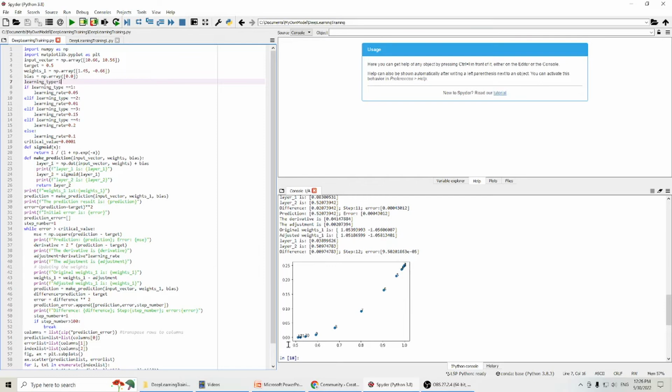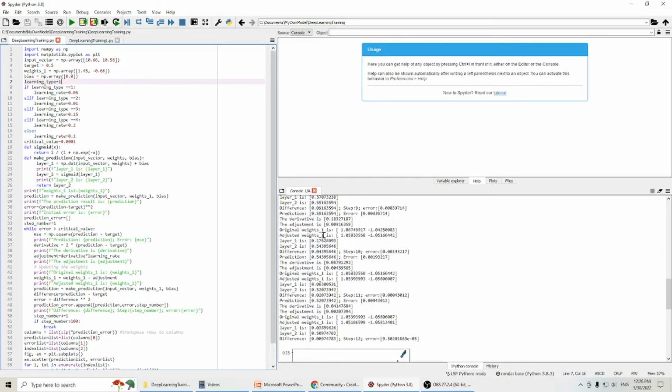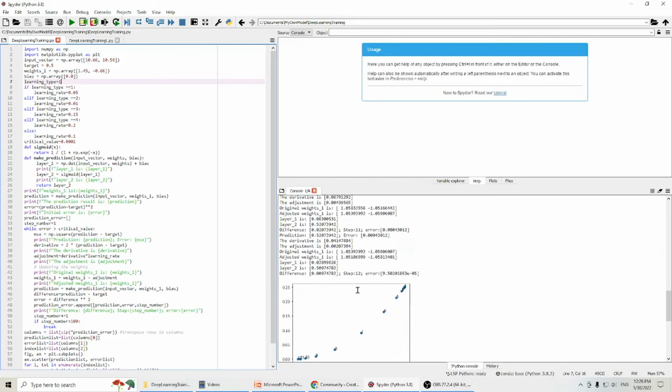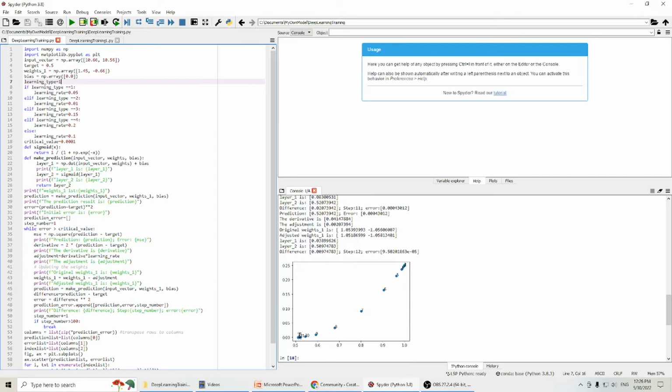And if you want to check the value, you can check it here. You can see we have 12 steps in order to reach our target.